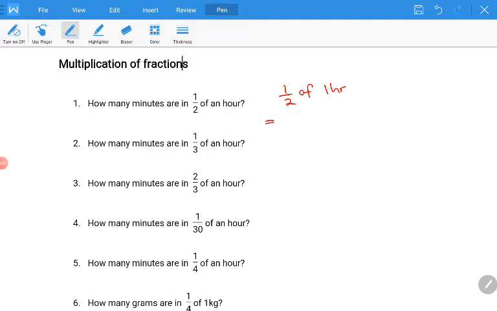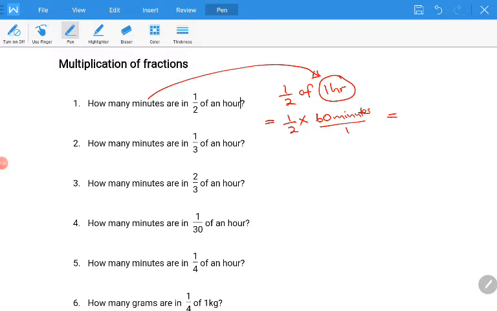So this is equals to 1 over 2 times. But here we are talking of an hour and we need our answer in minutes. So we know 1 hour is equals to 60 minutes. So this is times 60 minutes over 1, because we need to express it as a fraction as well.